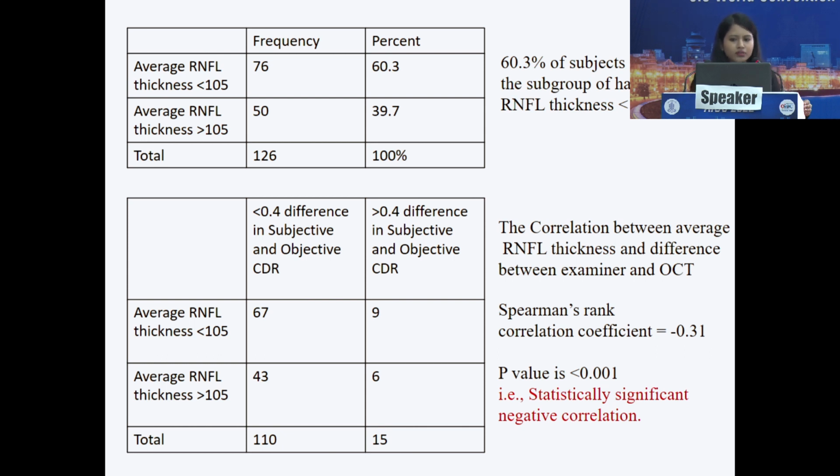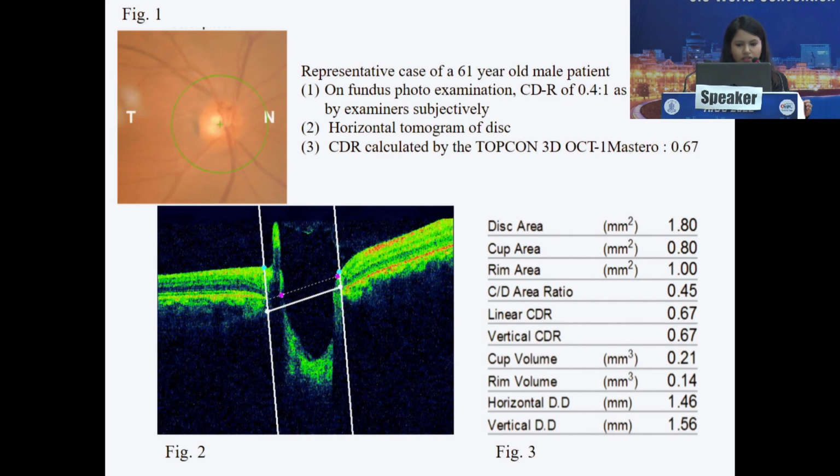A majority of the patients fell into the subgroup of having average RNFL thickness of less than 105 microns, and the correlation between average RNFL thickness and the difference between examiner as well as OCT was considered. The p-value of this was less than 0.01, which showed a statistically significant negative correlation.